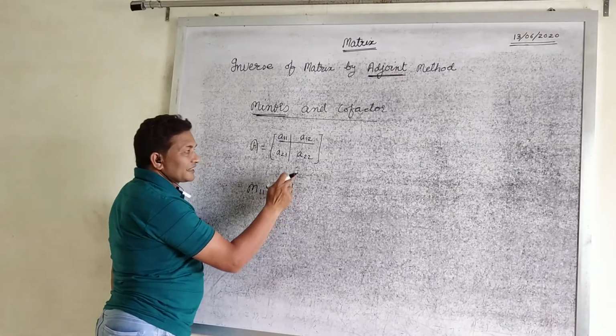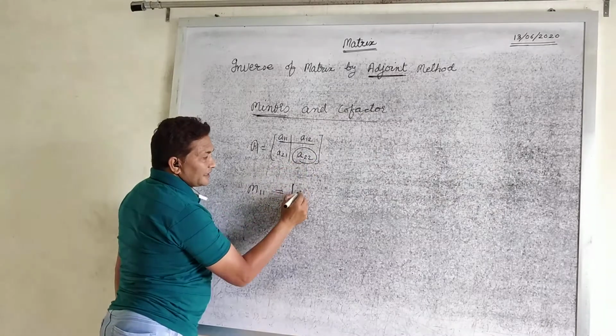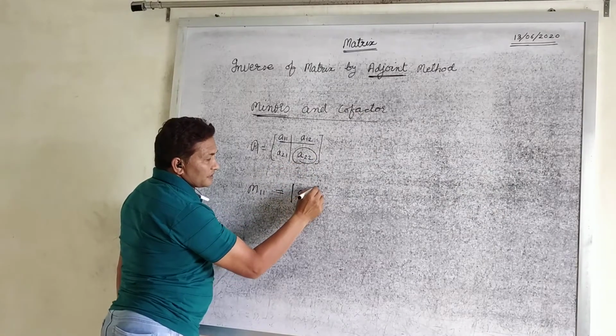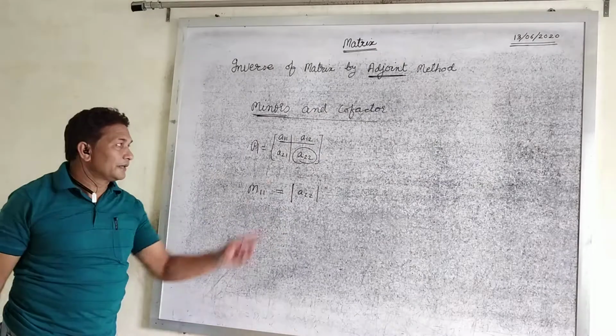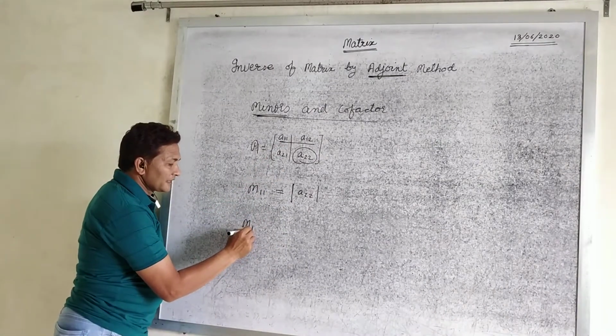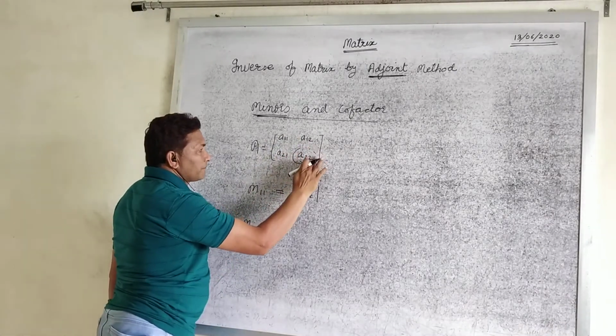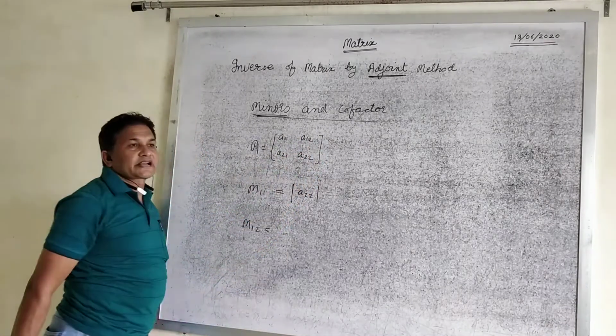Now take the determinant of the remaining. The remaining element is only A22. So this is the minor of element A11. Now similarly find the minor of element A12. For this we have to leave the first row and second column.